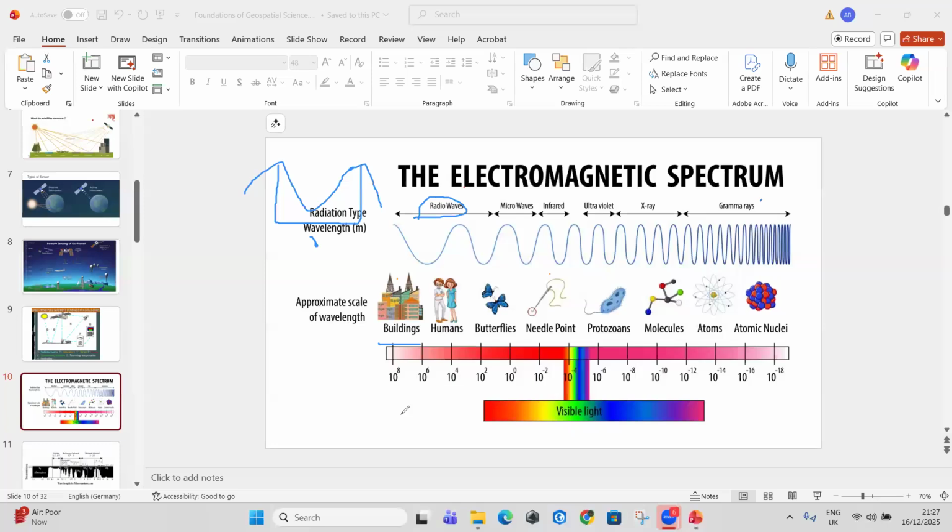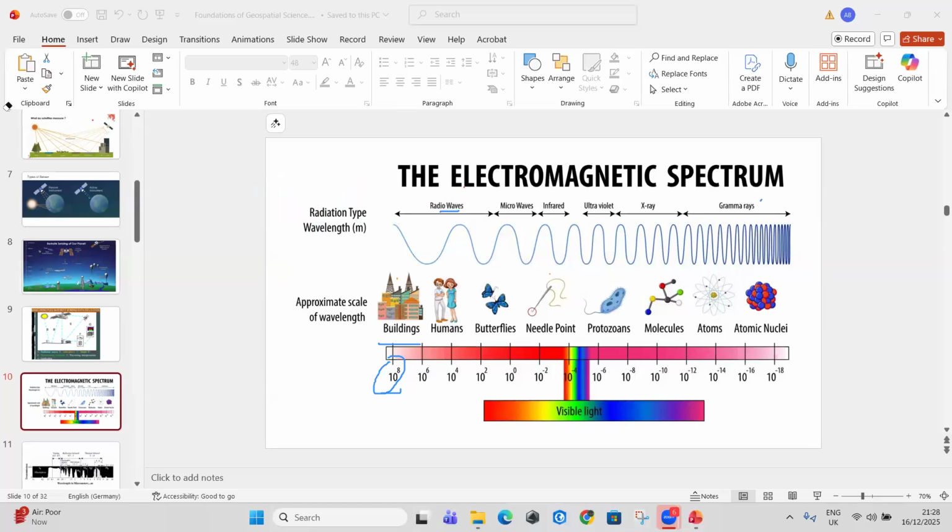Now the value of lambda is this. If the value of lambda, that is the distance between two consecutive crests, is 10 raised to power 8, I think it's meters, right? Yeah. So if it is 10 raised to power 8, it is as big as the buildings. It is radio waves. And it can go until very small: the size of humans, then butterflies, up to the size of atoms. In that case, it is called gamma rays.